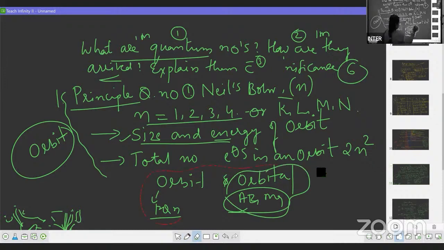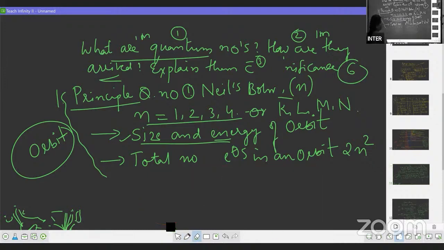Okay, students, you have to read about the quantum numbers. Right? So this is about the quantum number. Just take down this.